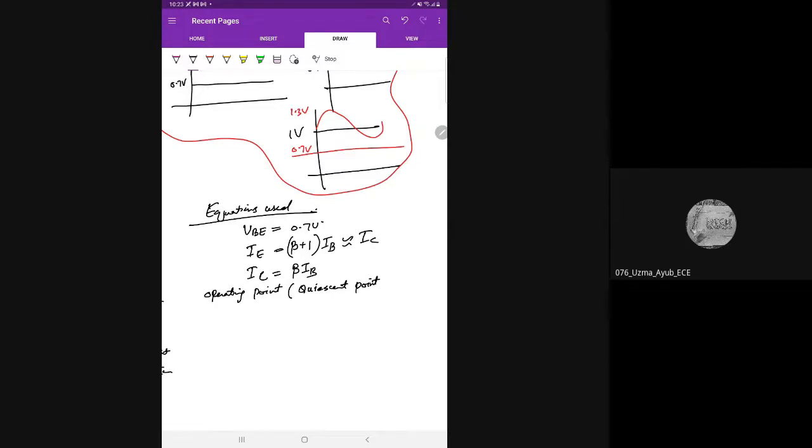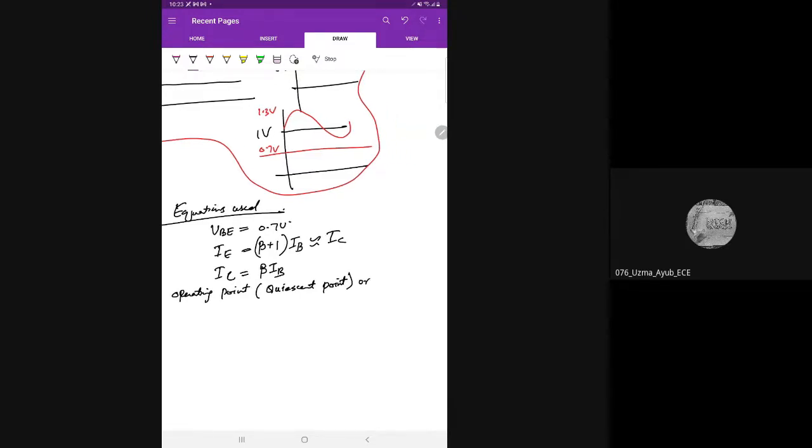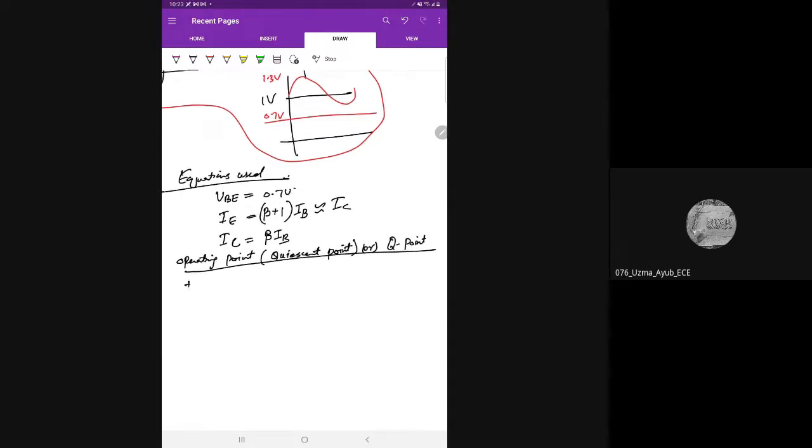It is also known as quiescent point or simply Q point. Quiescent point, operating point, or Q point. Okay. So what is this operating point? Operating point of a transistor is usually fixed. ये generally fixed होता है.